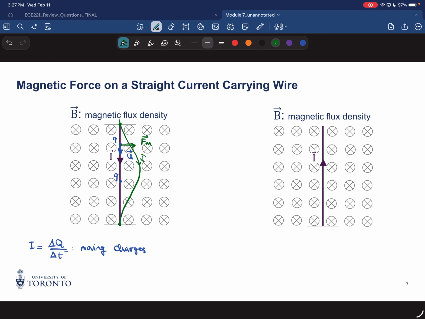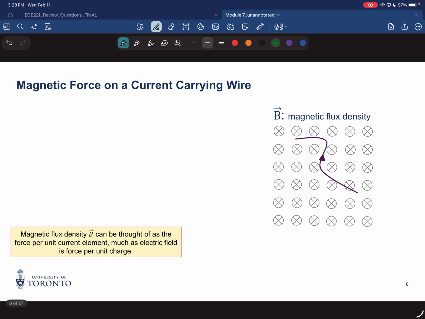And if the current was reversed, going in the other direction, then naturally FM would be here, so the wire would get moved to this point. Good? You happy?